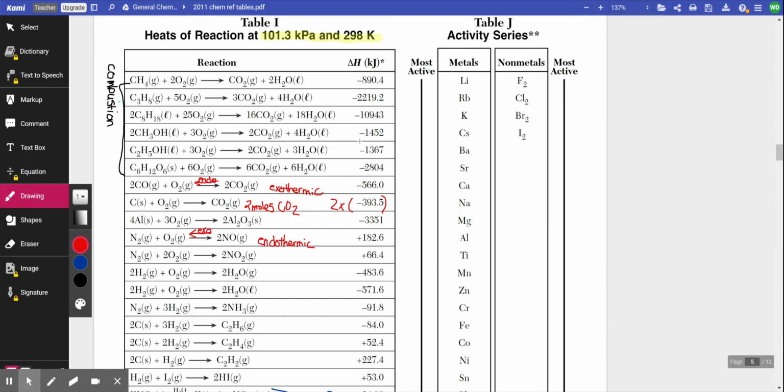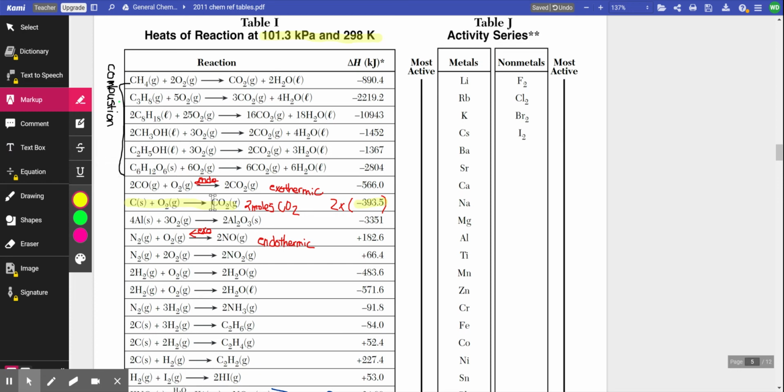So what did I mean about those molar quantities? If I take a look at this reaction right here, carbon plus oxygen produces carbon dioxide, and it is exothermic, releasing 393.5 kilojoules of energy.